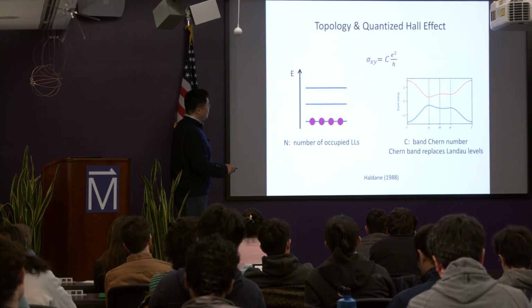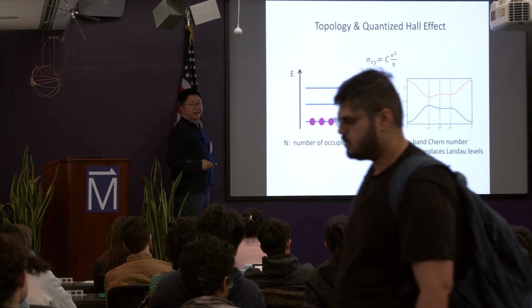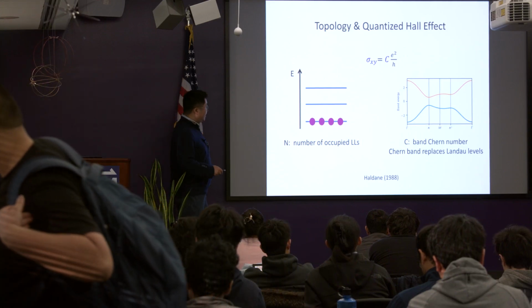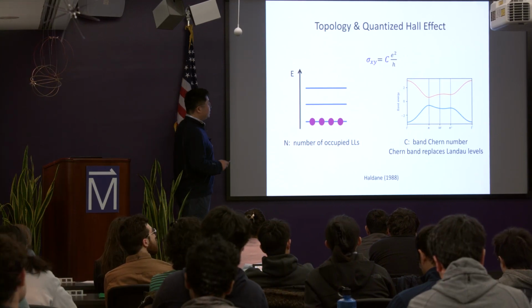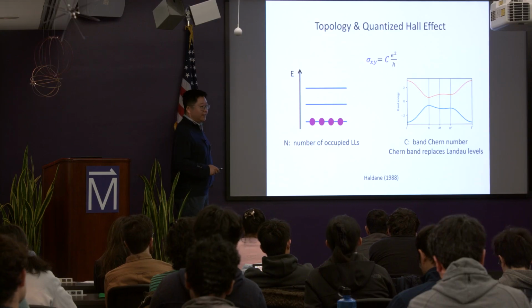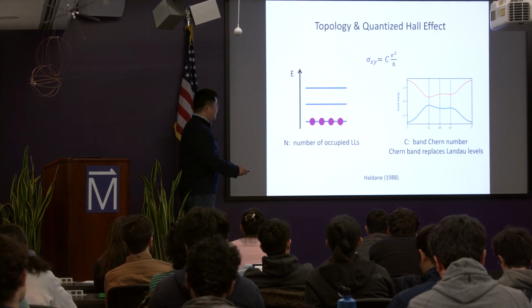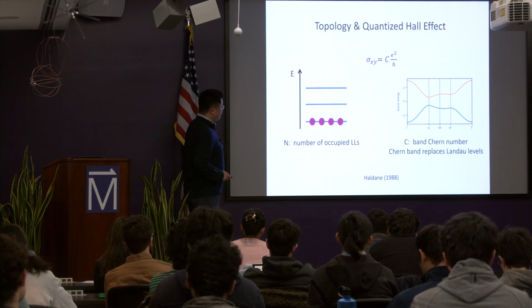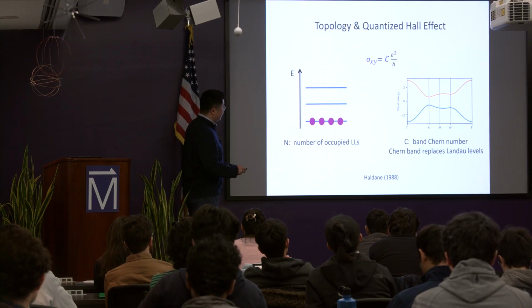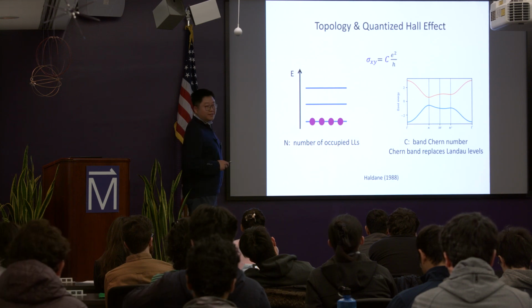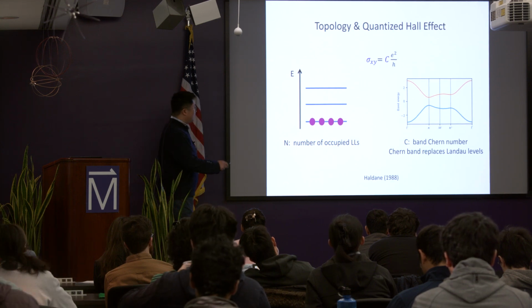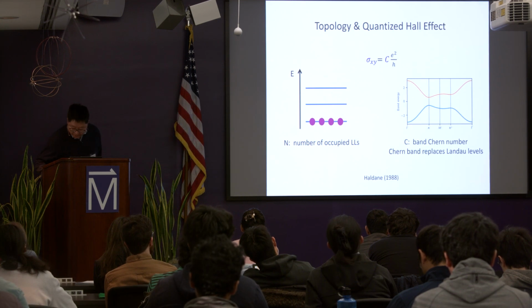And in this case, when the Fermi energy lies within the single-particle band gap, the system would show a quantized Hall effect with an integer Hall conductivity determined by this integer Chern number. So this is an early example showing that a band with a Chern number, a Chern band, can play a role similar to Landau levels to give rise to the quantum Hall effect.